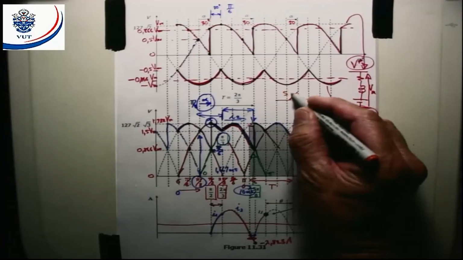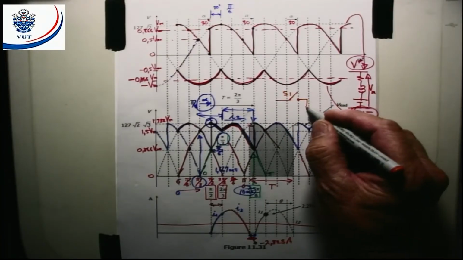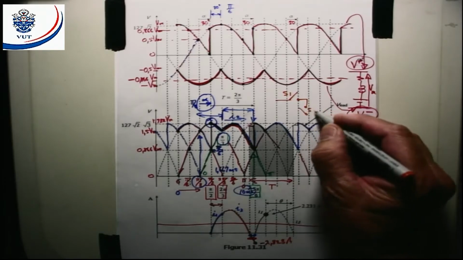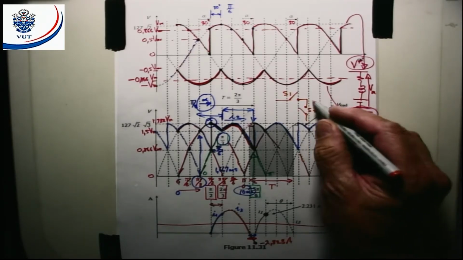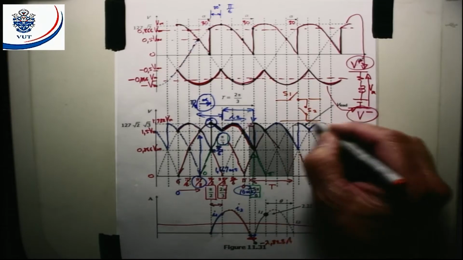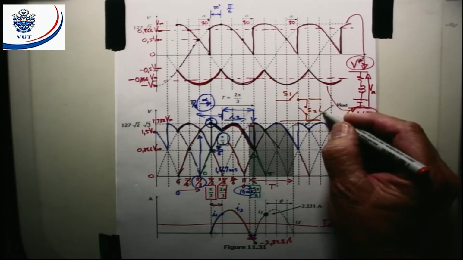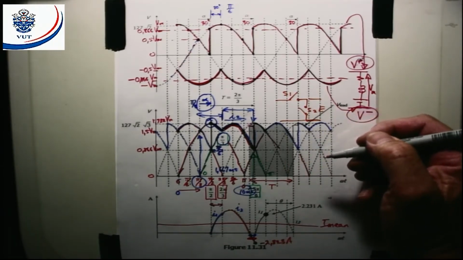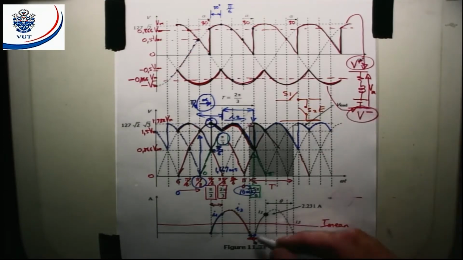And the moment that it goes through 0, the thyristor that was conducting switches off. Then we're going to have this situation. The thyristor S1 switches off. It means there is no energy to close the commutating diode. And then what will we have over the motor? The back EMF E.